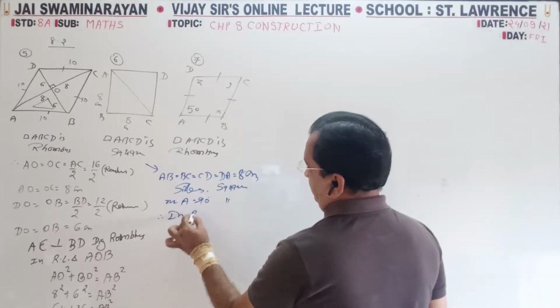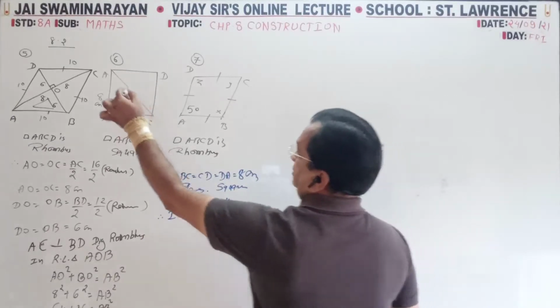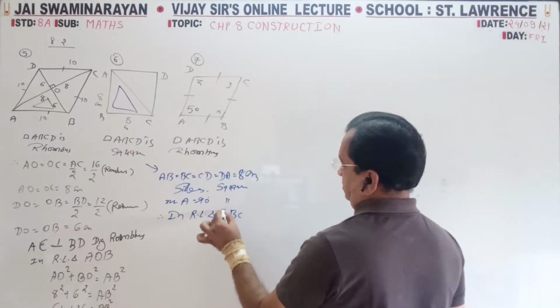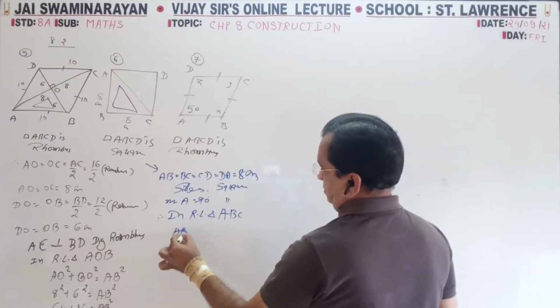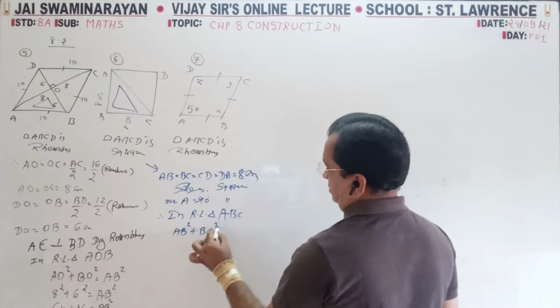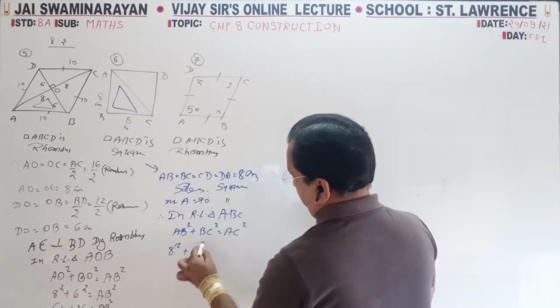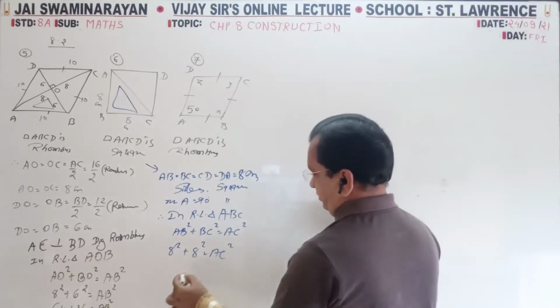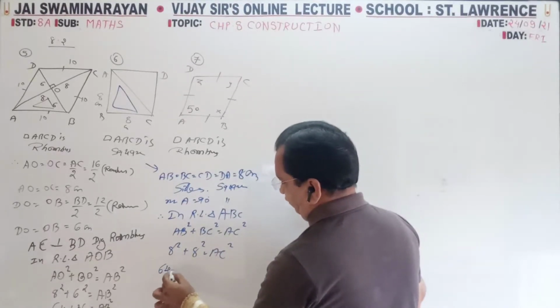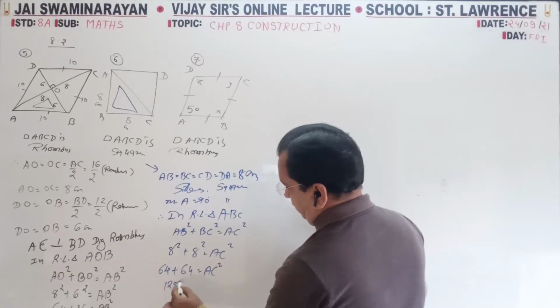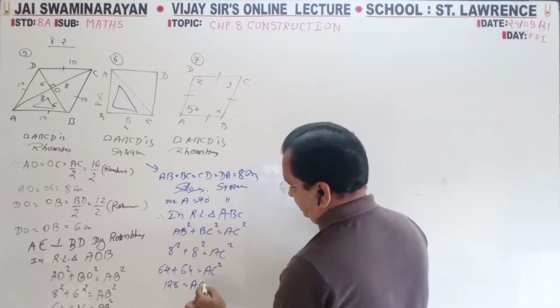Therefore, in right angle triangle ABC, AB square plus BC square is AC square. 8 square plus 8 square is AC square. 64 plus 64 is 128, AC square.